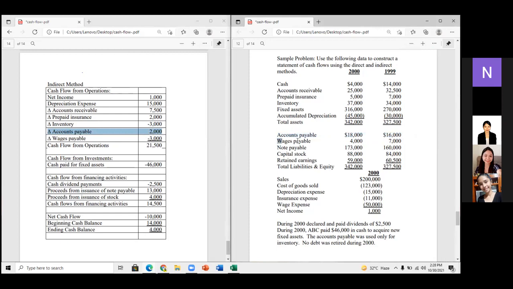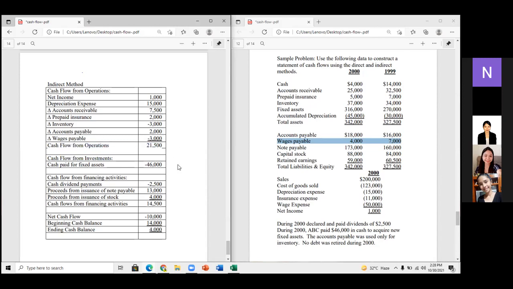And dito naman sa wages payable, bumaba yung wages payable natin. From 7, naging 4,000 na lang siya. So, ayan, kaya dito nagkaroon siya ng deduction. Tapos yun, i-compute natin to lahat, makakakuha tayo ng cash flows from operations na 21,500.